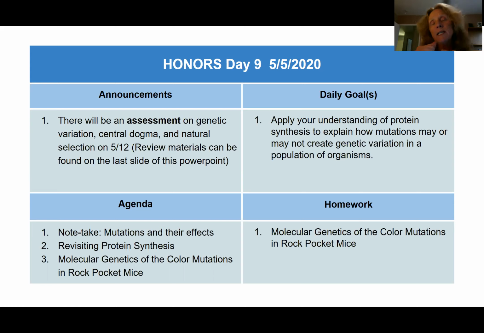Our daily goal today, similar to the other days, is that you're going to apply an understanding of protein synthesis. So go back to that central dogma, and you're going to see how you can use it to explain how mutations may or may not create genetic variation in a population. And if you'll notice, we keep emphasizing the idea of population. The reason for that is an individual itself cannot change.